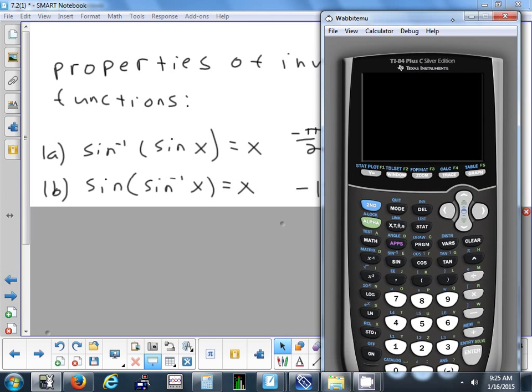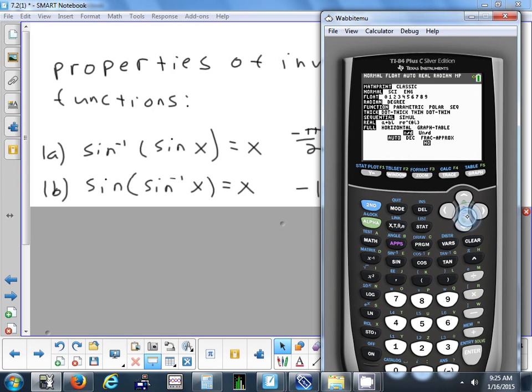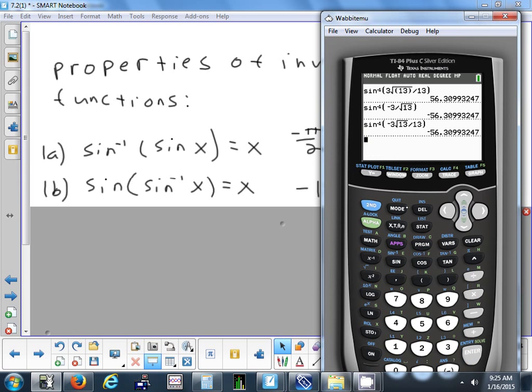First, I'll try it in degrees. Let's pick an angle between negative 90 and 90, say 25. Inverse sine of the sine of 25. I'm going to hit enter, and what should I get? What is it? 25, and I do.